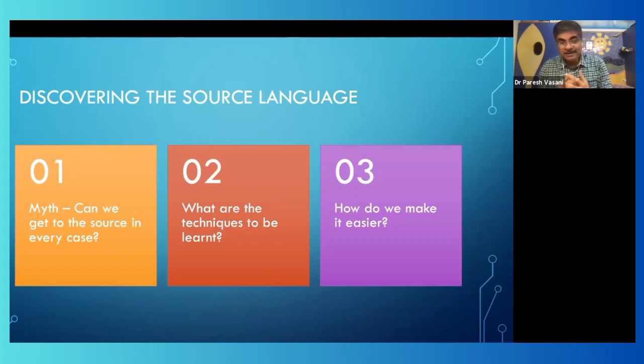Can we learn these techniques? Are there techniques to take the patient to the source? How do we make it much, much easier? Is the case taking different to go into the source? All these questions are what we are going to learn the answers to today.